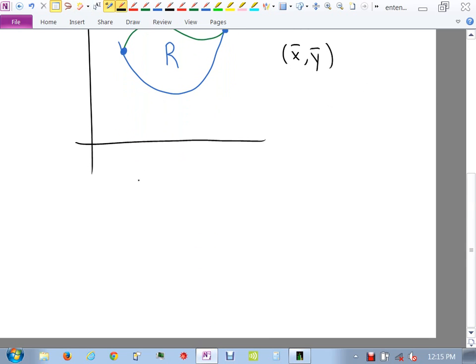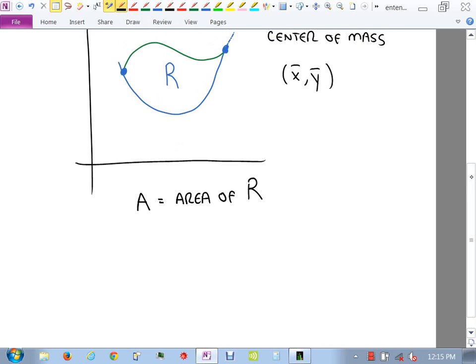First thing we need to know is A. A is equal to the area of R. How do you find the area of R? It's the integral. I didn't put a and b here. I may as well put that in.